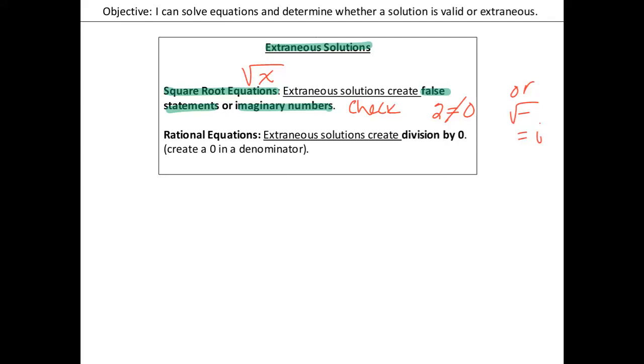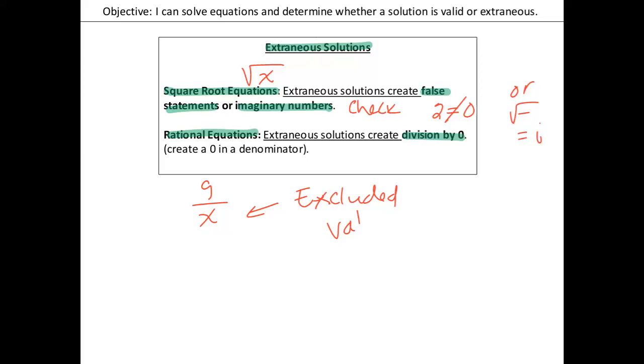And then we had the rational equations. Rational equations look like 9 over x or something. If we have a variable in the denominator, it's rational. The only way you'll have extraneous solutions is by dividing by 0. So you cannot have 0 in the denominator. That's when we looked at the excluded values.